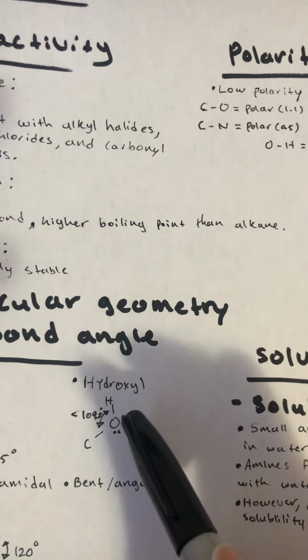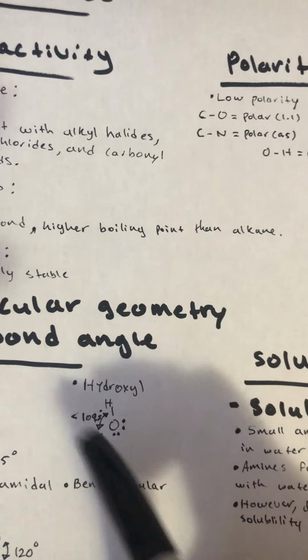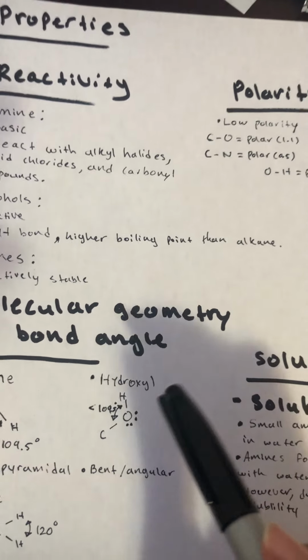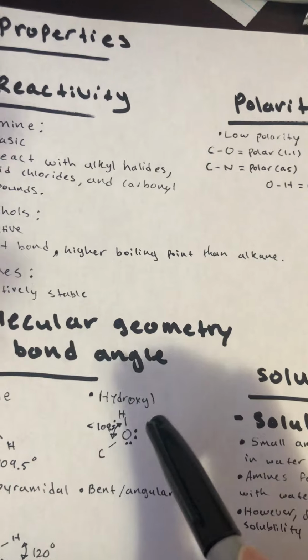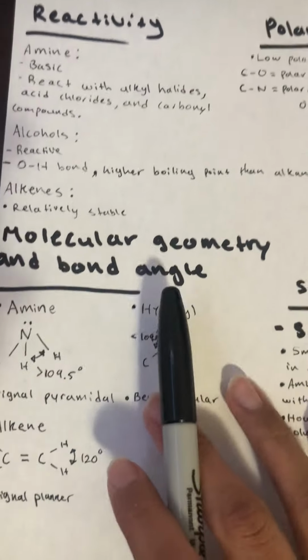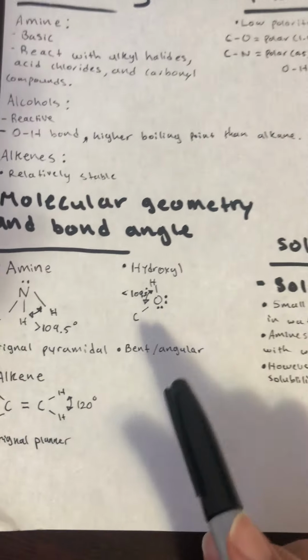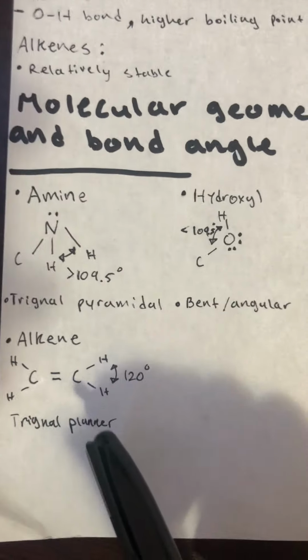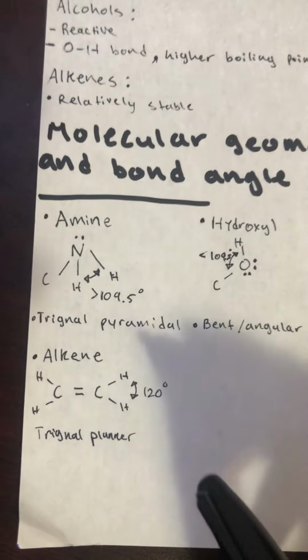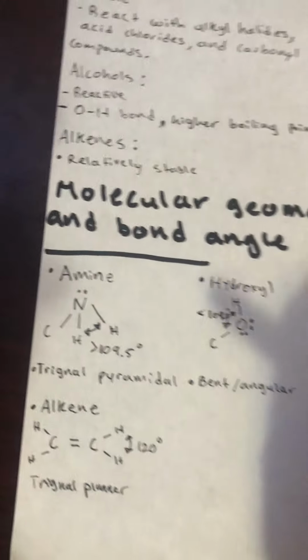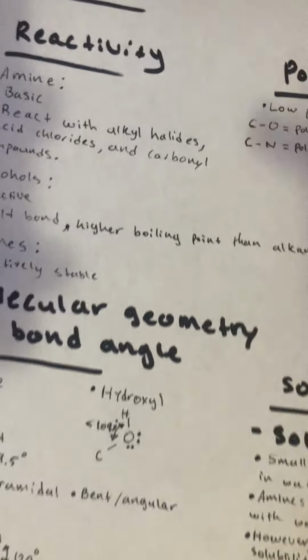The lone pairs push these two closer to each other, and give it a bond angle of greater than 109.5, and it is bent/angular molecular geometry. The alkene is trigonal planar and has a 120 degrees bond angle.